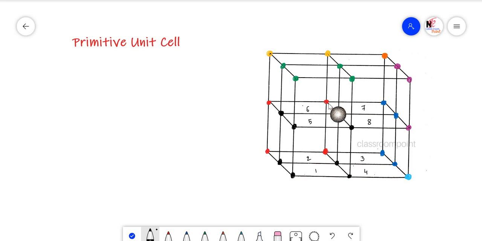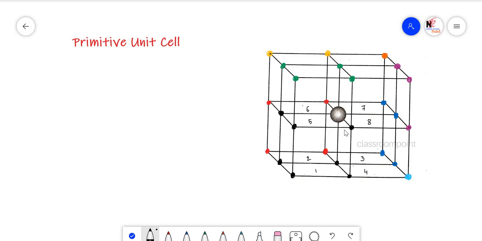So its contribution towards each unit cell is 1 by 2. Whenever you add 2 more on that side, then this corner atom is shared among the 4 unit cells. You can see the numbers given here, 1, 2, 3, 4. This 5, 6, 7, 8 belongs to the top unit cells placed over this unit cell. So here the contribution of this atom towards a particular unit cell is only 1/4. And whenever you keep 4 more unit cells over this one, then automatically this particle will be in touch with 8 unit cells.